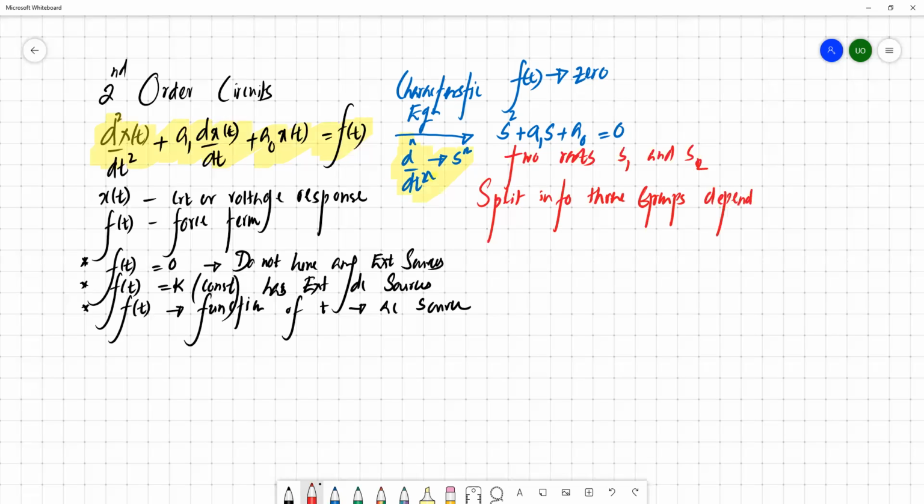The first category, s1 and s2 are real and distinct.